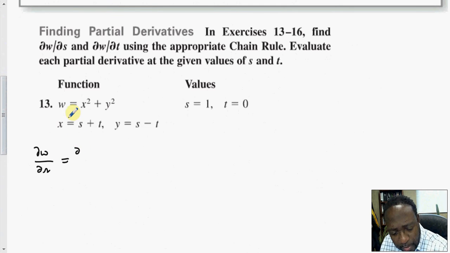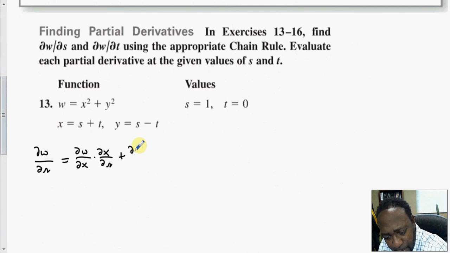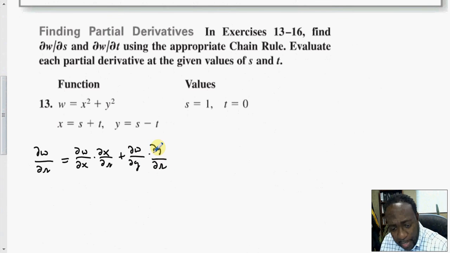Well, this is the partial of w with respect to x times the partial of x with respect to s, plus the partial of w with respect to y times the partial of y with respect to s. If there was a z, this would be plus the partial of w with respect to z times the partial of z with respect to s. If there's a u, then the partial of w with respect to u times the partial of u with respect to s, and you just keep on going. It's a chain.